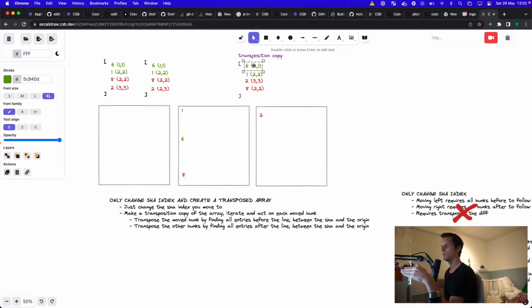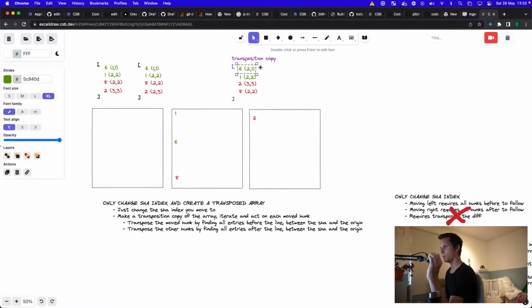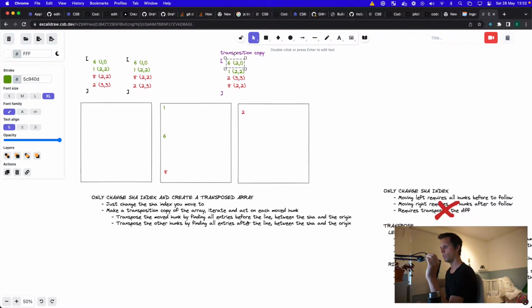We would go through, we would see that, okay, this first entry has a different origin SHA than its current SHA index, which means we have to see if we need to transpose it. And we do that by finding all entries before that line, between the SHA and the origin.